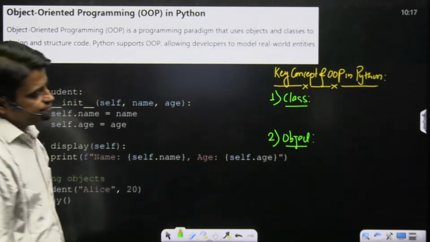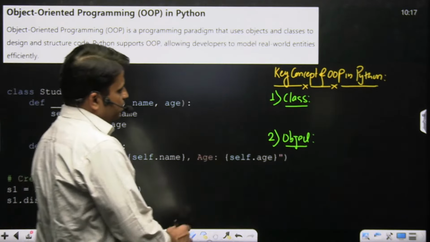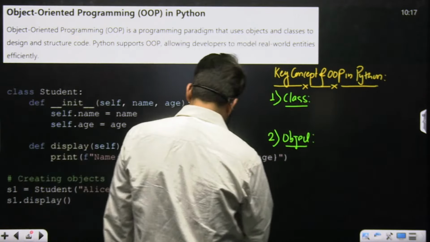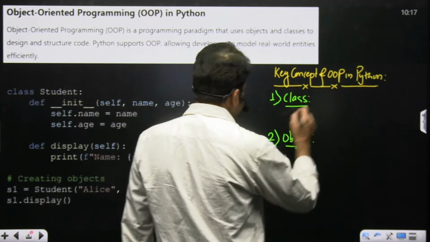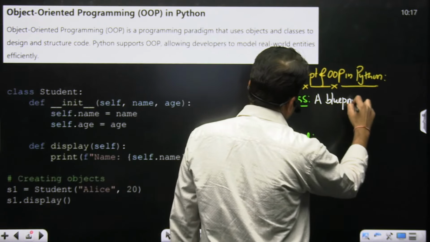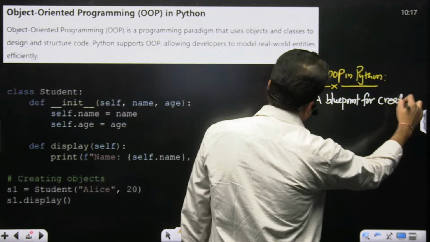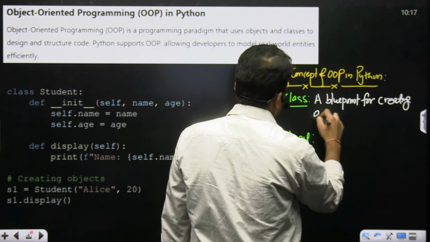Class is a blueprint for creating objects.